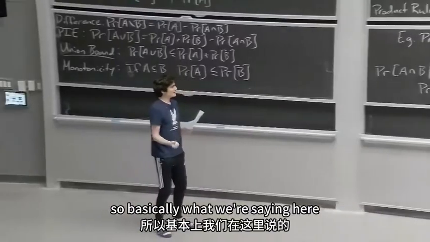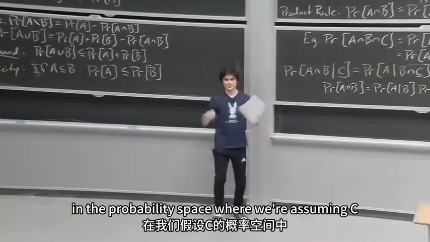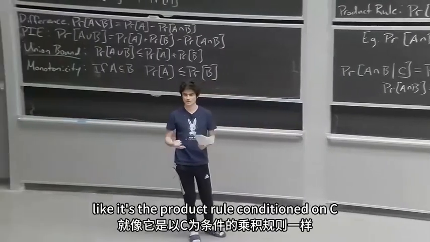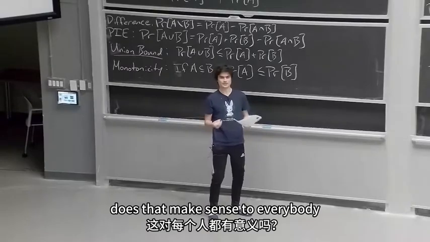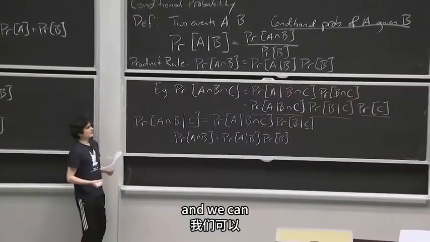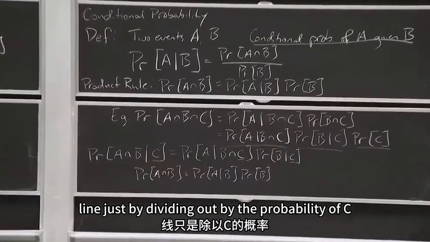So basically this is the product rule in the probability space where we're assuming C. It's the product rule conditioned on C. Does that make sense to everybody? And we can obtain it from the previous line just by dividing out by the probability of C.